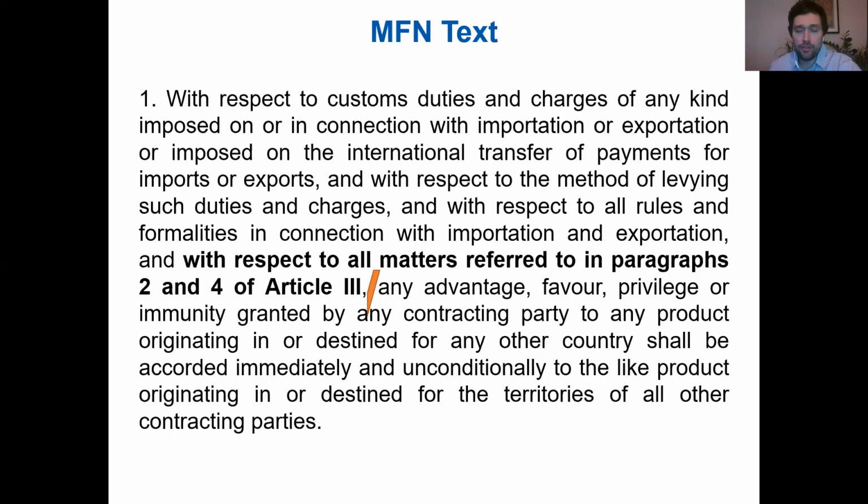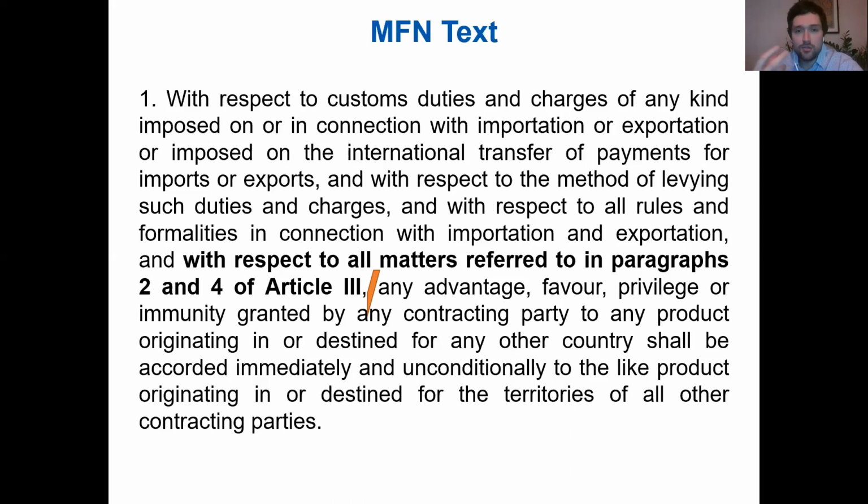Does it apply to everything? No, it has a certain limited scope. In order to understand if Article 1 is violated here or not, because Article 3 is not likely to be violated because of the exemption under 3.8b, we need to find out if Article 1 permits this type of subsidies. Is it at all covering this type of measures?